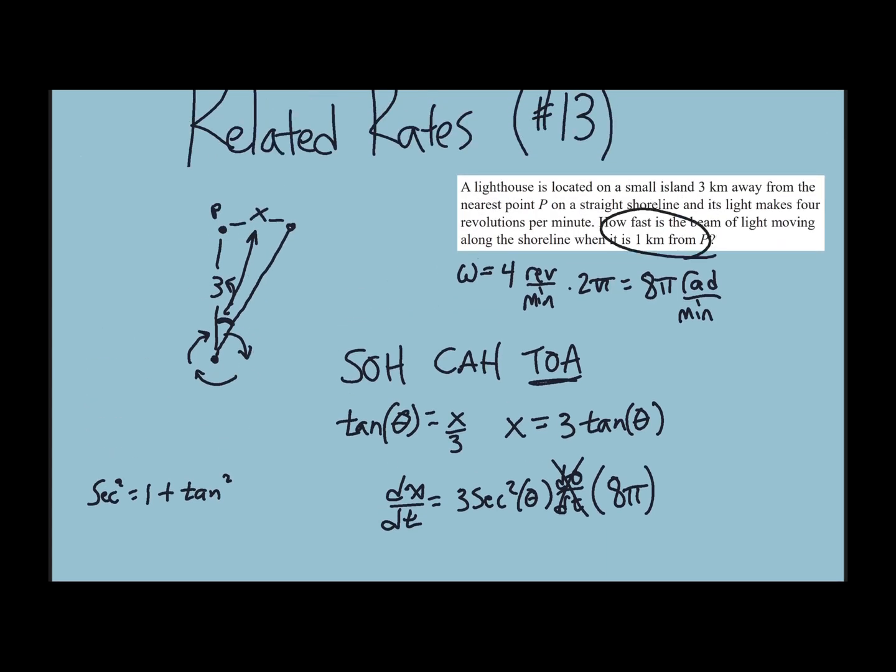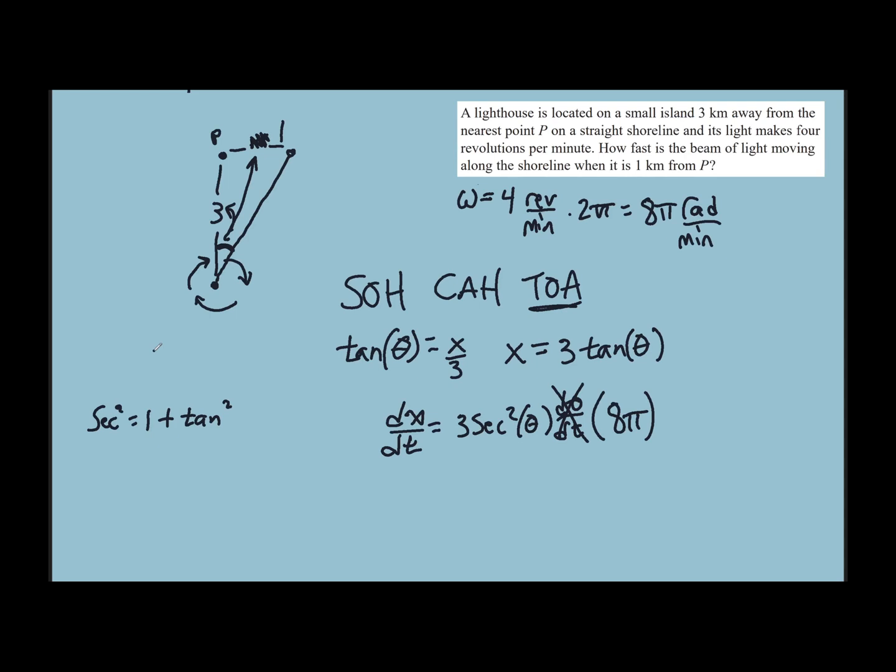It's 1 kilometer from P. So we can plug in x now that we have the derivative equation. We'll say it's 1. So I know that tan theta equals 1/3, opposite over adjacent. So tangent squared is going to be 1/9. So secant squared is going to be 1 plus 1/9.